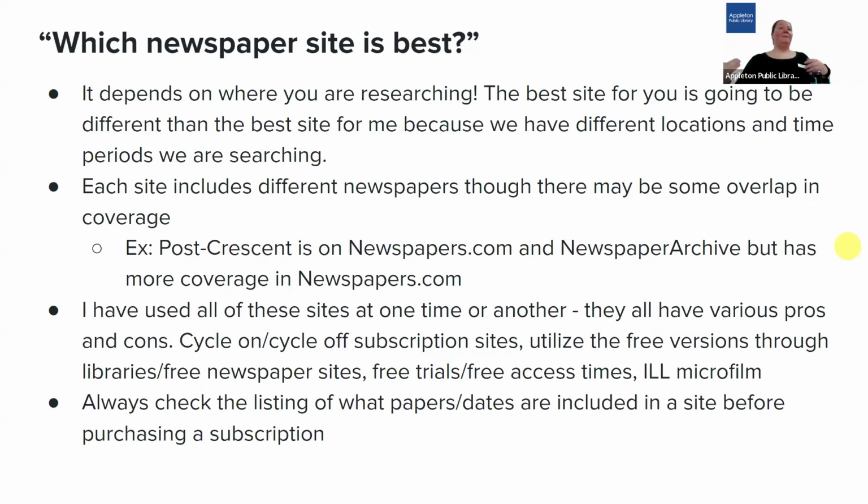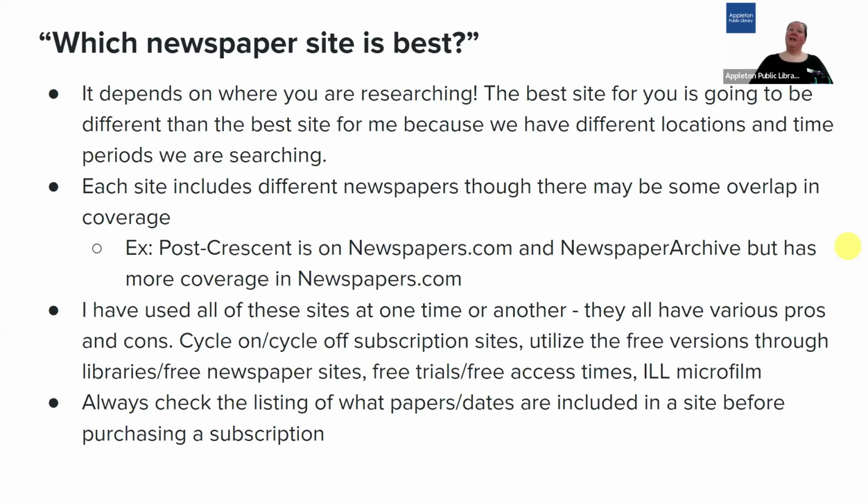So kind of use the free versions, use those free access weekends that come up, use those free trials, start a list of stuff that, hey, I know I can get this on Newspaper Archive. So right now, when I don't have a Newspaper Archive subscription, I have a list of stuff that when I do have a Newspaper Archive subscription, I can then look up these newspapers, look up these articles that I wanted to.